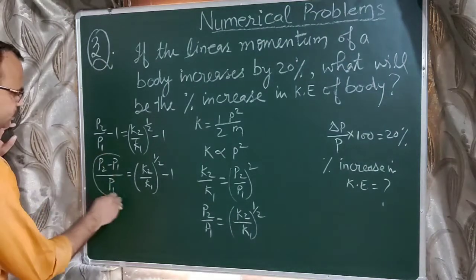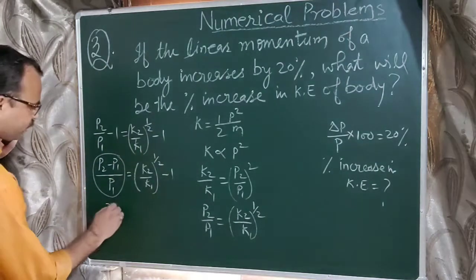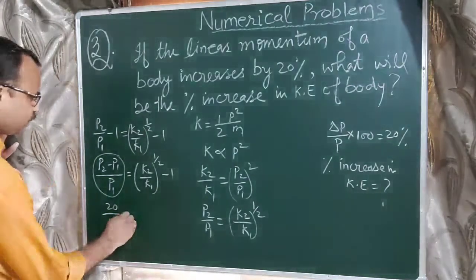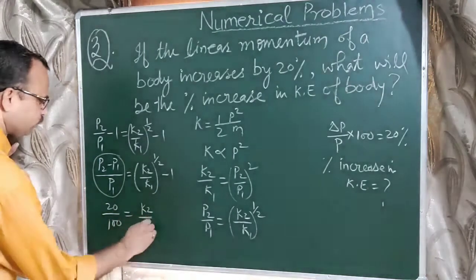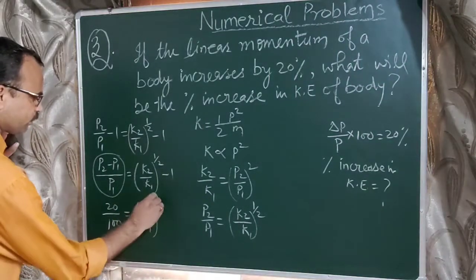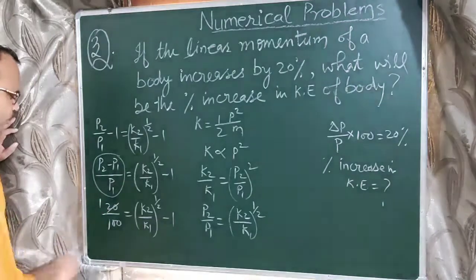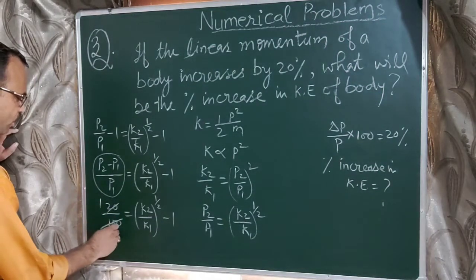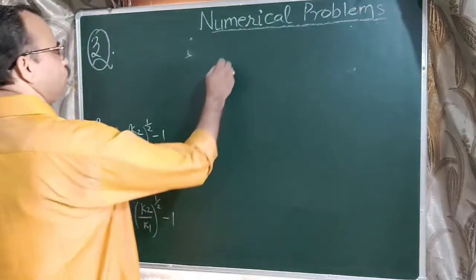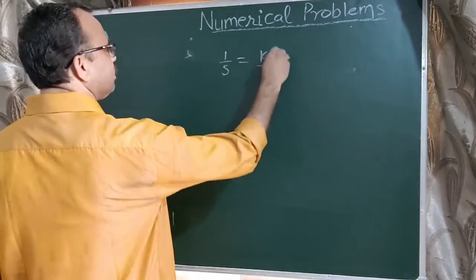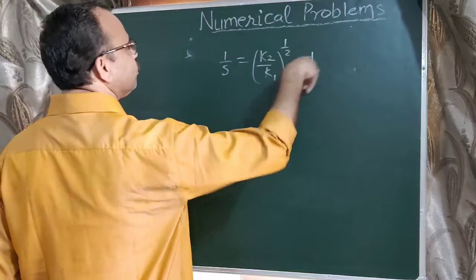The value of this is 20%, meaning 20 upon 100. So 20 upon 100 is equal to K2 upon K1 power 1 by 2 minus 1. 20 upon 100 is 1 upon 5, so 1 upon 5 is equal to K2 upon K1 whole power 1 by 2 minus 1.